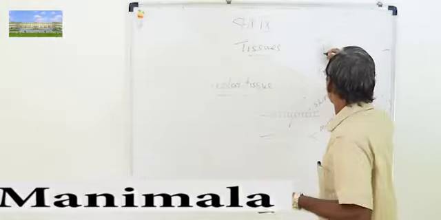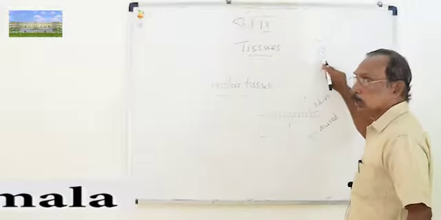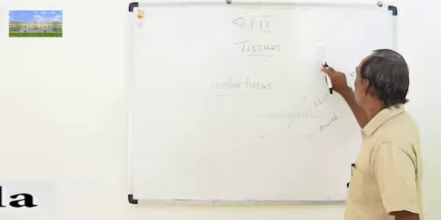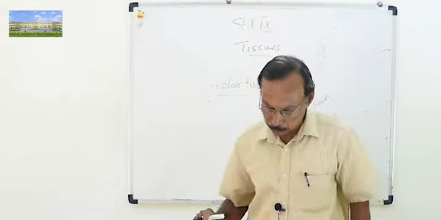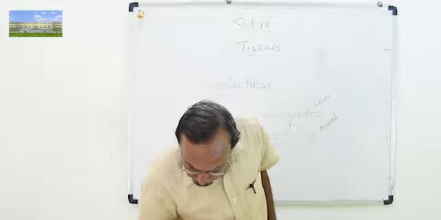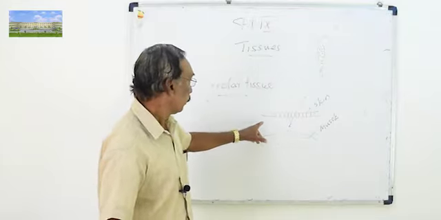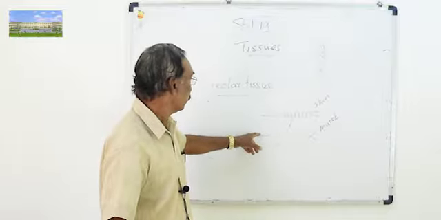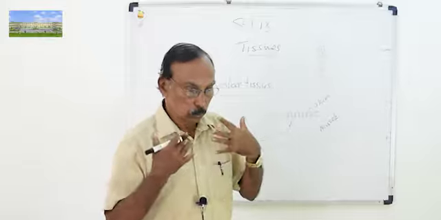If you break bigger bones, not a rib or anything, you can see this is called bone marrow. Blood cells are produced here. This bone marrow is also made up of areolar tissue. So areolar tissue is between skin and muscle, inside the bone marrow, and also between the organs.